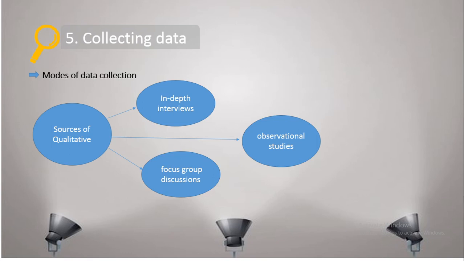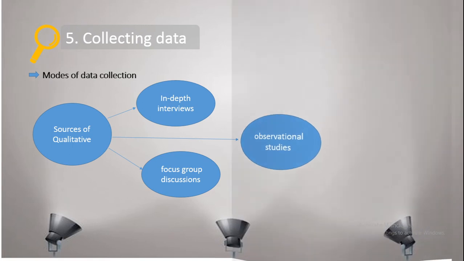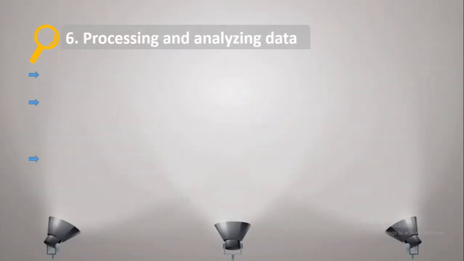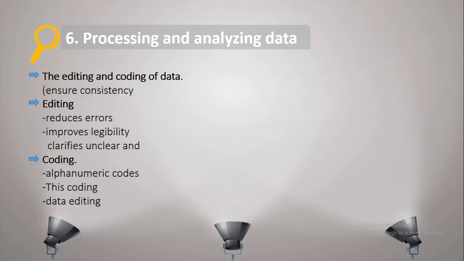We can also think of a separate video for discussing the different sources of qualitative data and how to conduct a study with qualitative analysis. Processing and analysis of data is the sixth step in research.